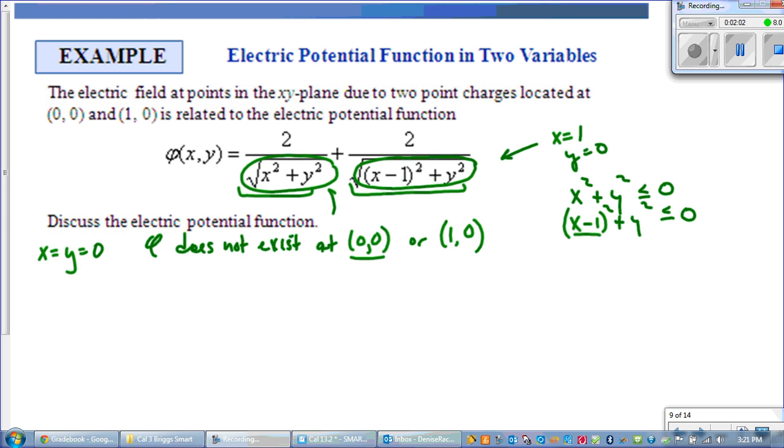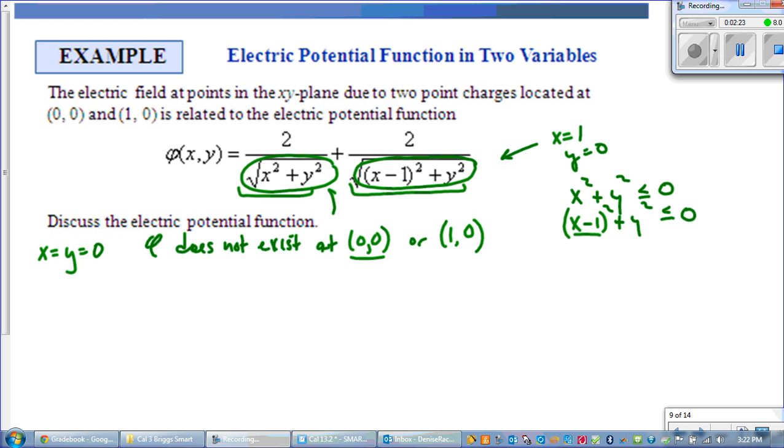So now, if you were to graph these, notice that as the denominator gets larger and larger, these denominator values will be 0 at the point (0, 0) or (1, 0), but the further away you get from those points, the larger the denominator will be.